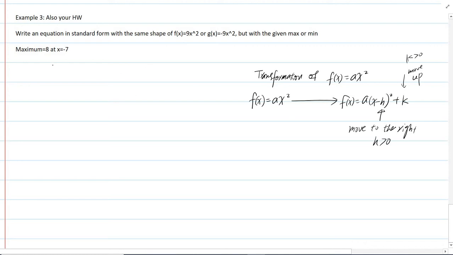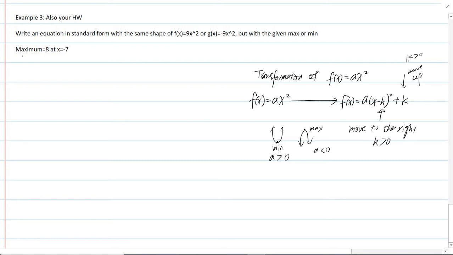Since we're talking about maximum, you have to recall the beginning of the lesson. We had a graph when our a is greater than 0, so we have a graph like this. That means you produce a minimum. When we have a downward graph right here, we produce a maximum, which means we're going to have a less than 0.